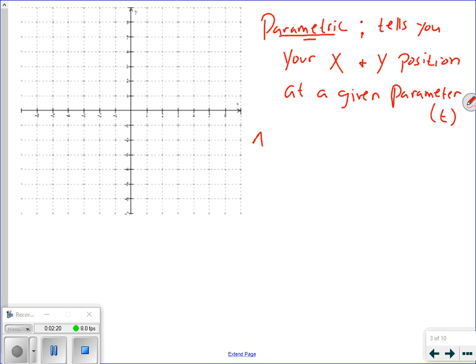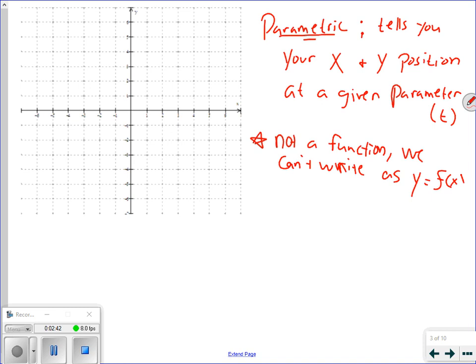Something to keep in mind here is if we have something that's not a function, we can't write it as y equals f of x. For instance, something like this. Notice I'm drawing some arrows along the line here because I'm talking about a specific direction.